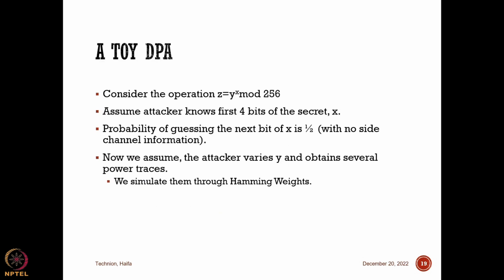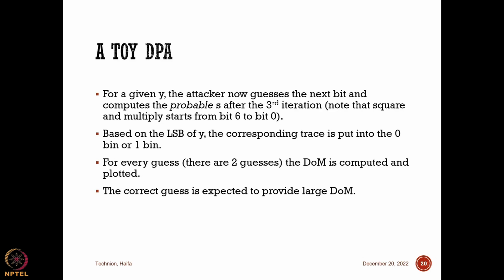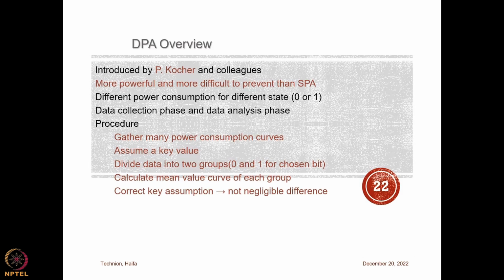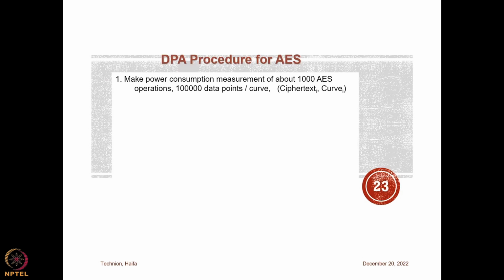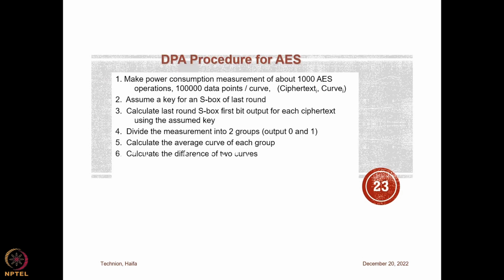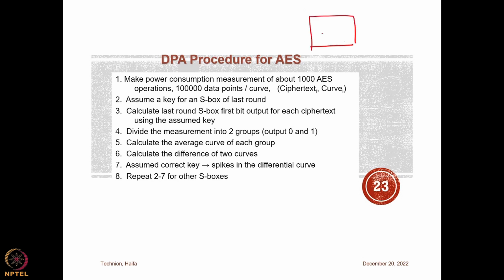So I think I have got 15 more minutes. So I'll try to quickly talk about how we can perform this attack in the context of AES. So here are the steps. The idea is that you take your AES engine.